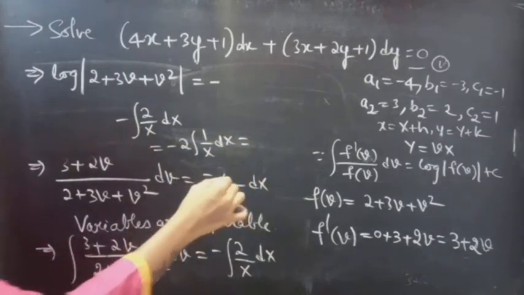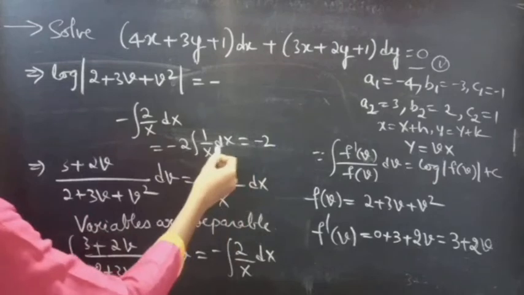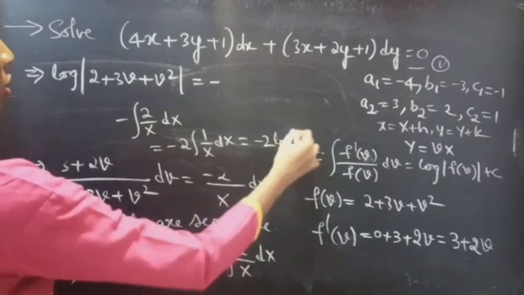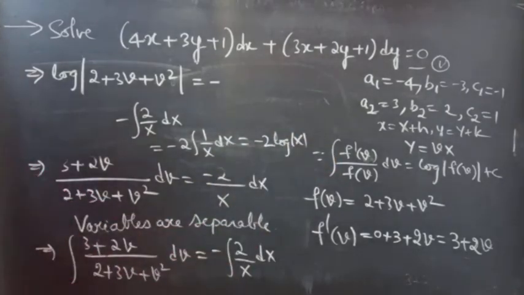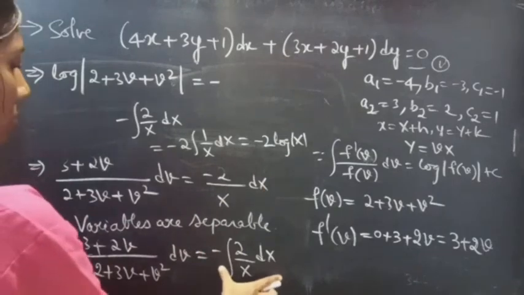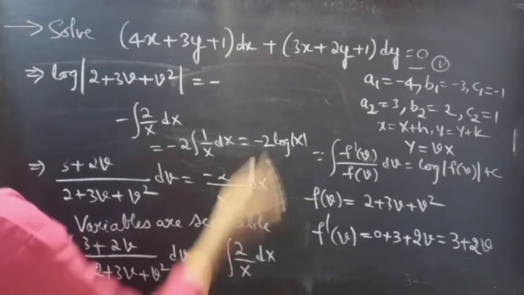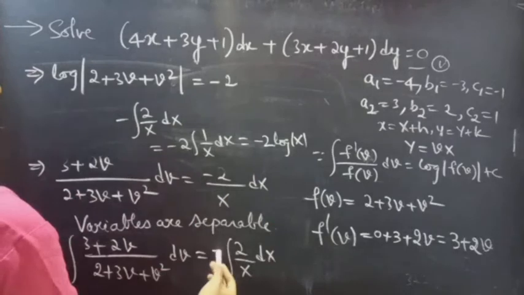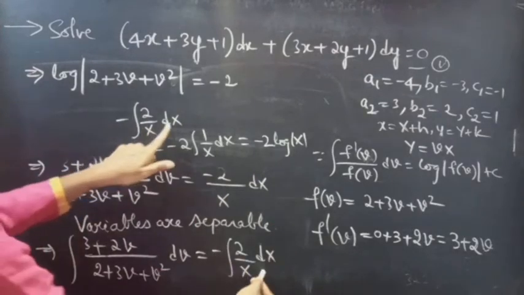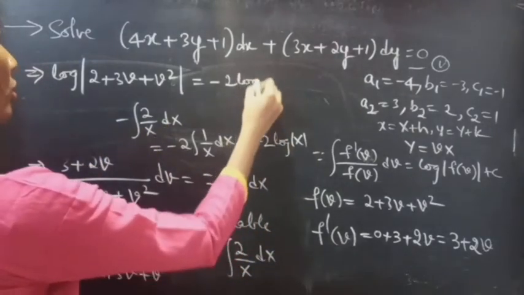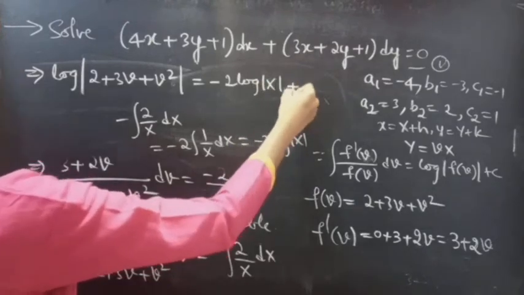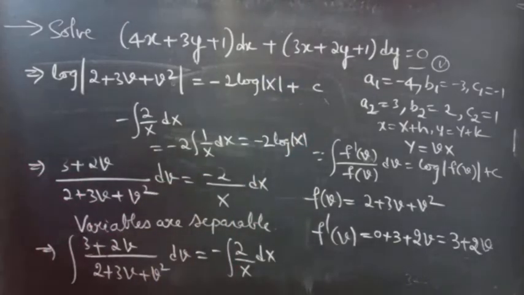Integral 1 by x dx is log mod x, so minus integral 2 by x dx is minus 2 log mod x plus integral constant c.